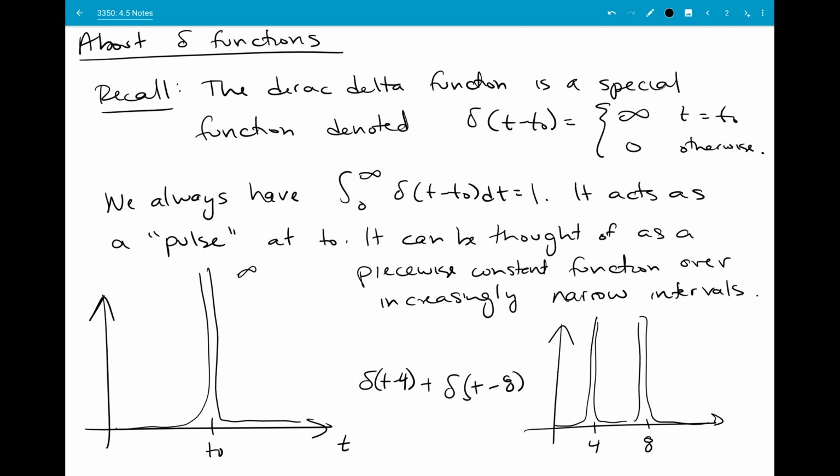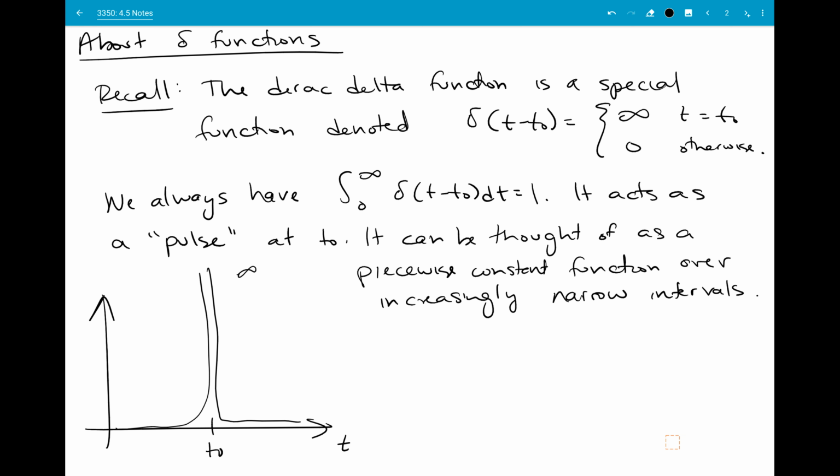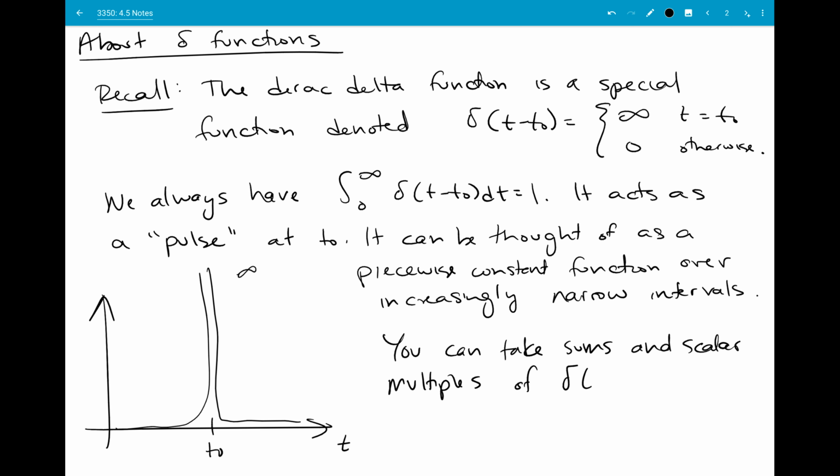And so it acts that way. So you can take sums and scalar multiples of delta using the same rules you would for other functions.